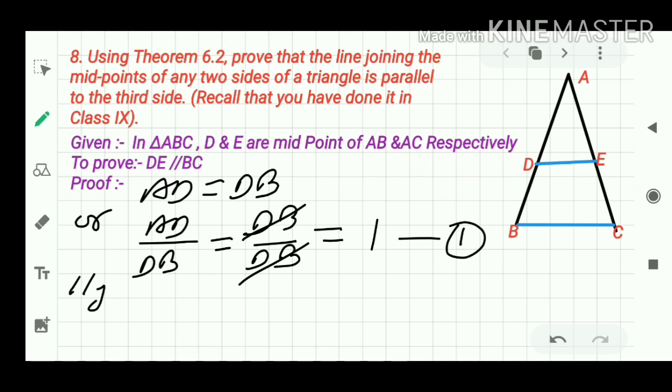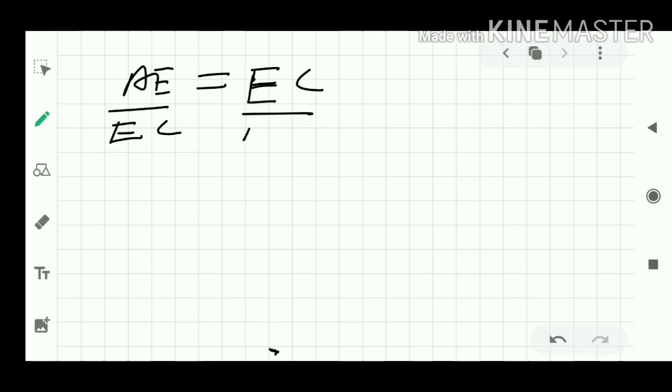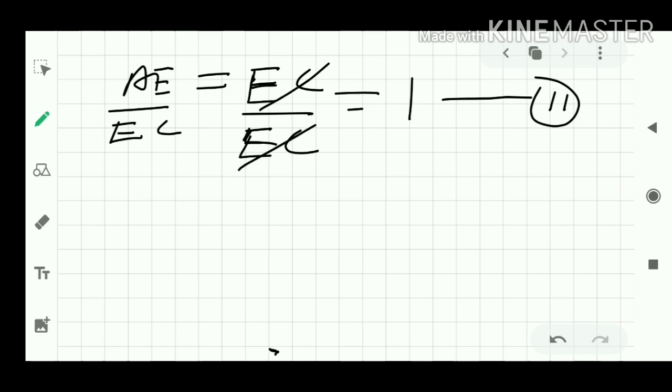Similarly, we can write AE equal to EC, or AE equal to EC. Divide both sides by EC. AE by EC equal to 1. This is equation 2, because EC cancels.